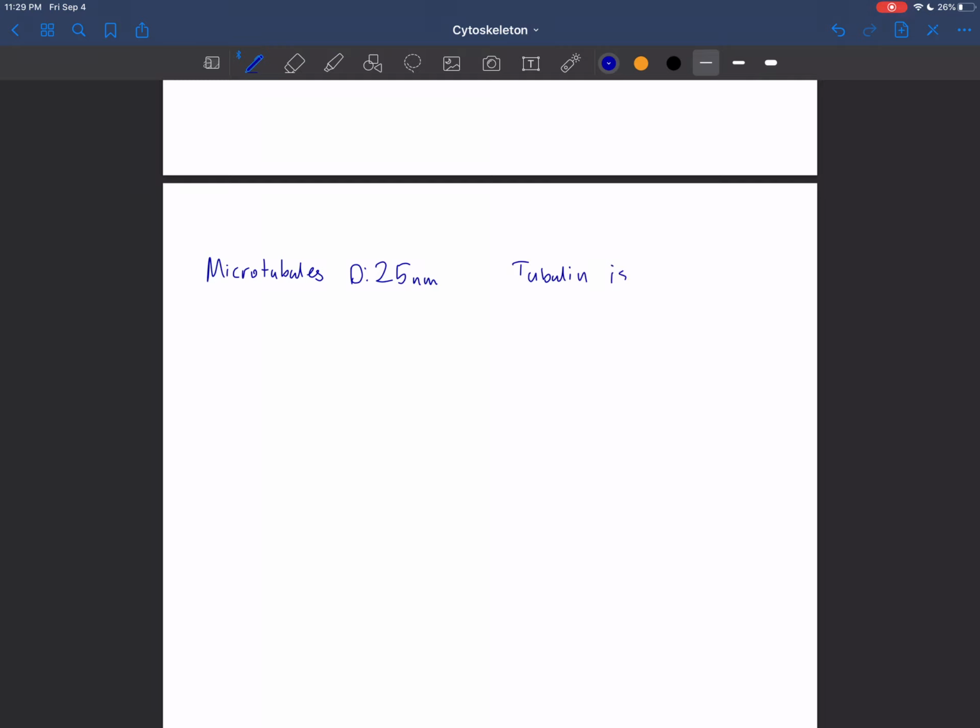Tubulin is the protein subunit. And so these actually do have a motor protein. These are kinesin. And I should also say dynein is the motor protein of microtubules.